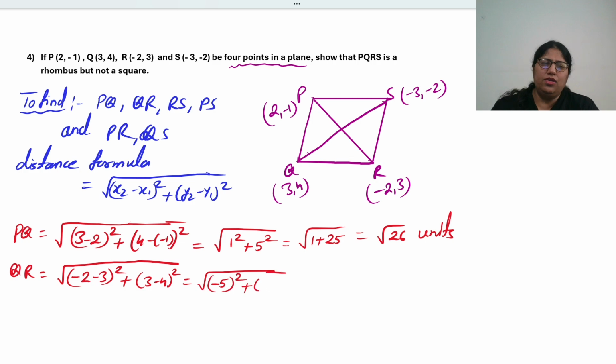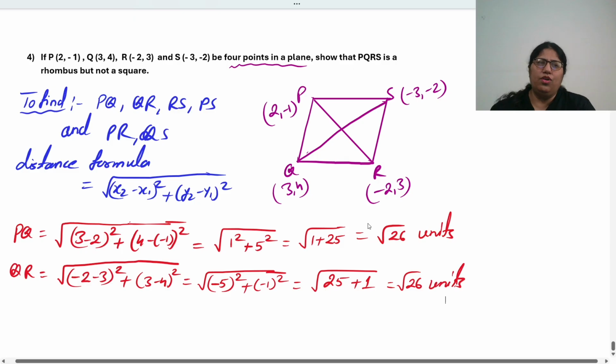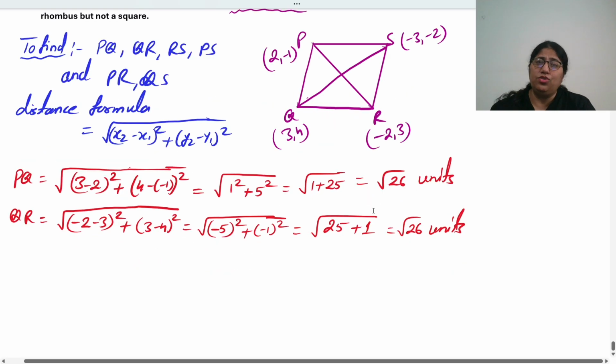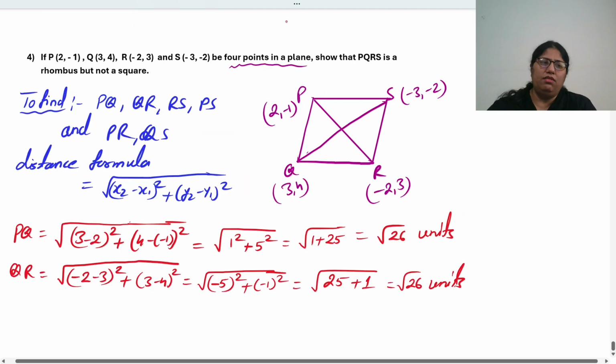Now 3 minus 4 is -1 squared, correct? Now -5 whole square is 25, plus (-1) squared is 1, which is nothing but root 26 units. In the question they have already said these four are the points of a rhombus, so make sure all these lengths have to be equal, right? Because it's already given.